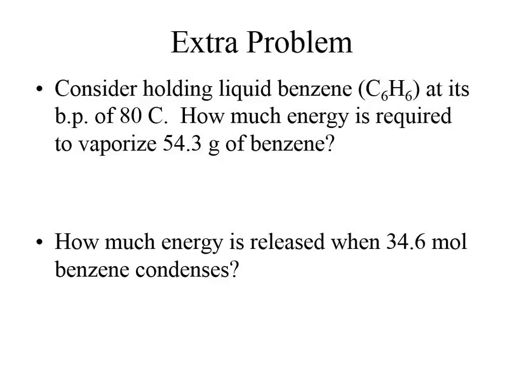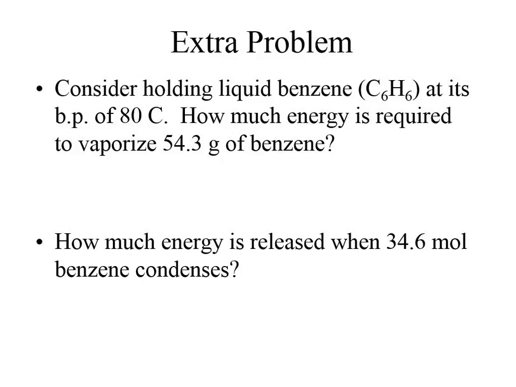It goes on to say we're going to hold it at 80 degrees Celsius, in its liquid state, and we're going to vaporize it. So my choices here are 393, that would be joules per gram, or 30.7 joules per mole. But since that's in grams, I'm going to use the first one.